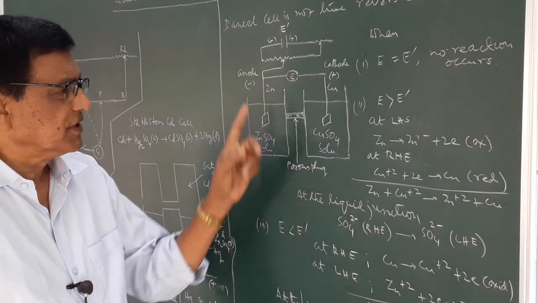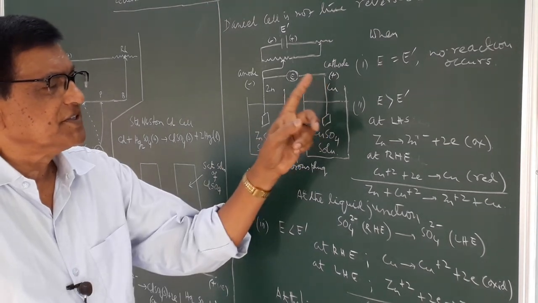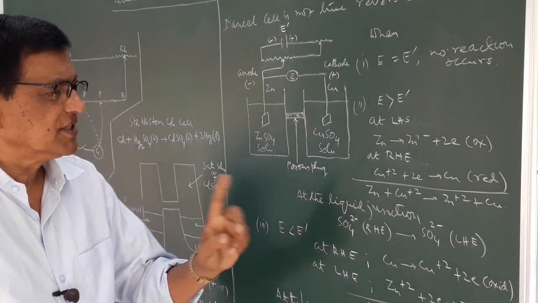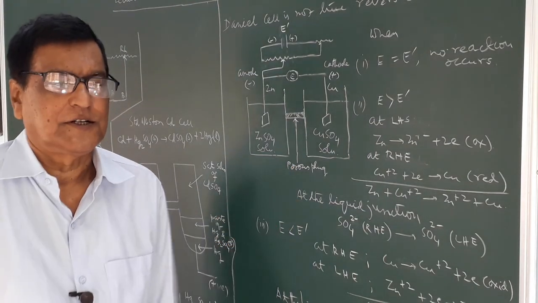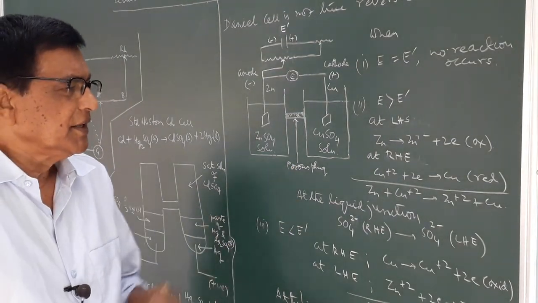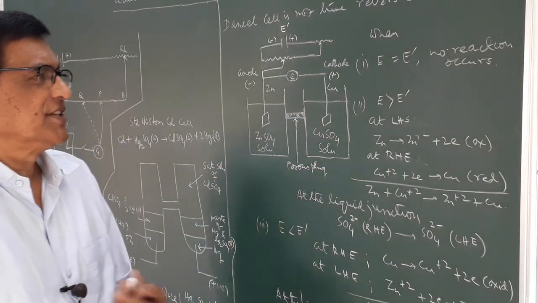Zinc is partially immersed in zinc sulphate solution, copper is immersed in copper sulphate solution, and this is the porous plug in order to prevent the free mixing of the zinc sulphate and copper sulphate solutions.